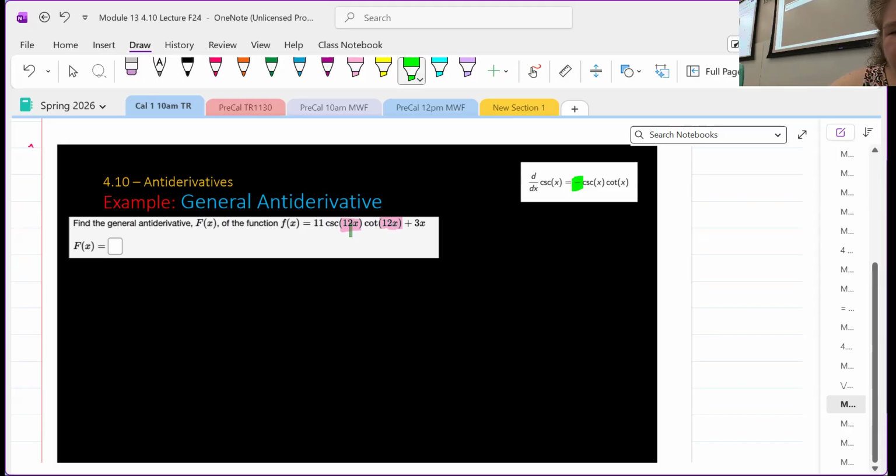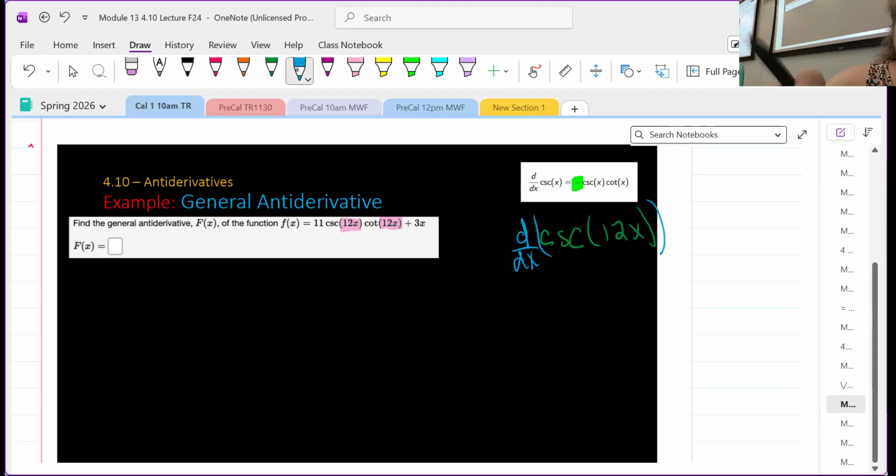So looking at the structure here, seeing the cosecant cotangent, it's looking like structurally the antiderivative of that is going to be some variation of cosecant of 12x. So over here on the sidebar, I just want to explicitly write this is what I'm thinking is going to be part of my antiderivative.